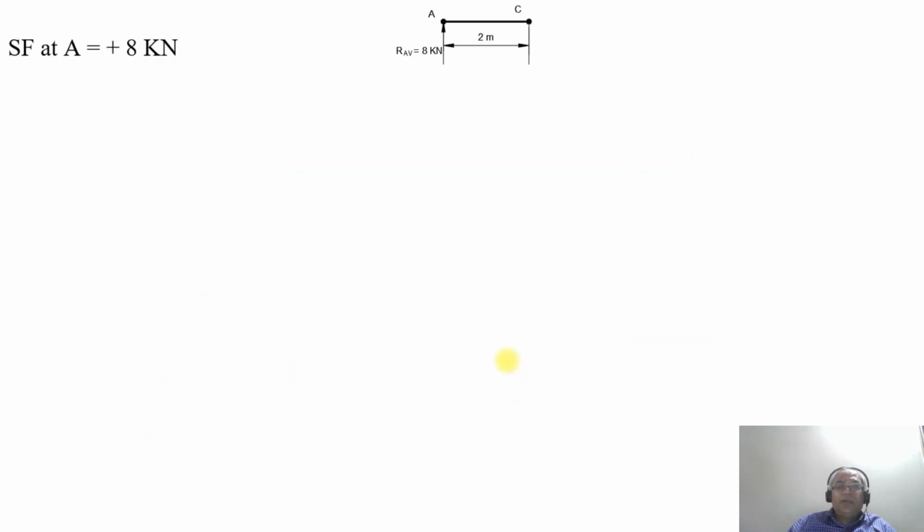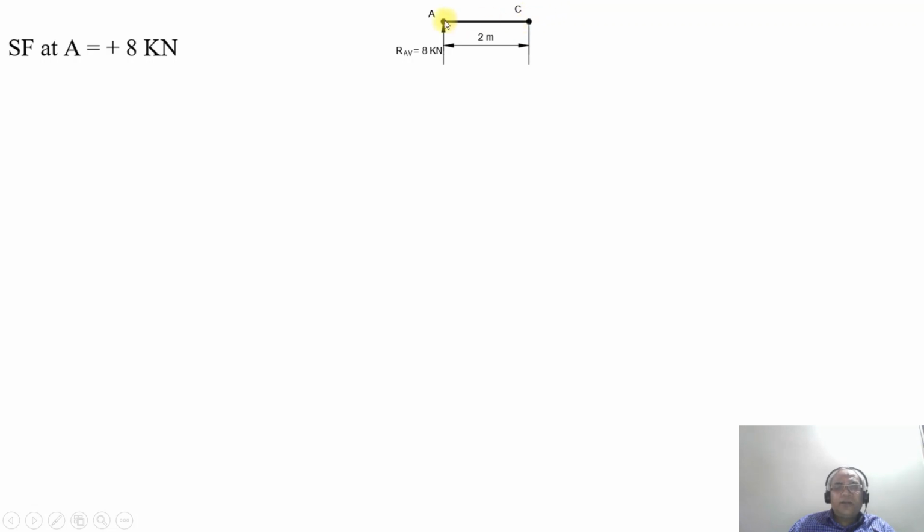Now we are going to analyze this problem. First we consider between A and C, from the left towards the right. At the point A, we have RAV, the vertical reaction, which is equal to 8 kilonewton. At the point C, we first consider the section without the load.